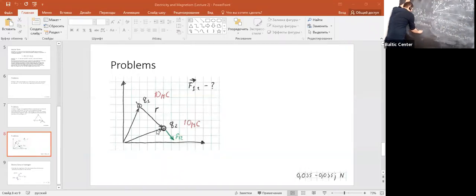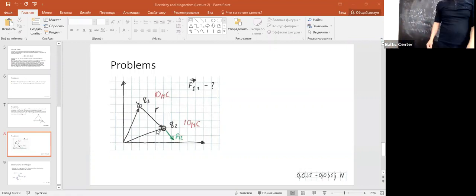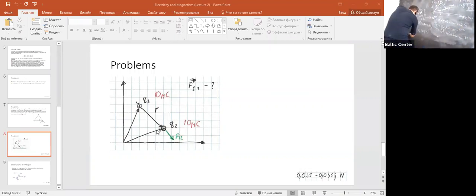Multiply 0.7 plus 0.7i. So you should multiply 0.7 by 0.05. 0.05 is equal to 0.035. So 0.035 plus 0.035i. Okay, understand?